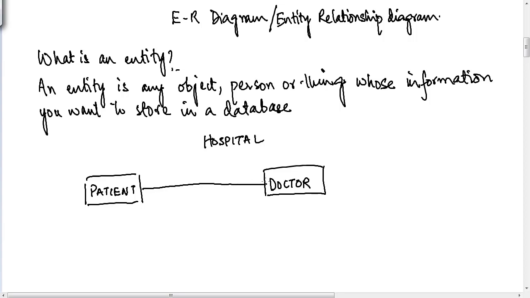So this is basically our entity relationship diagram. We can now add more information to this diagram that explains the nature of the relationship between these two entities, that is the doctor and the patient. For example, looking forward from the patient to the doctor, we can define the logical relationship of one patient to the doctor as follows.